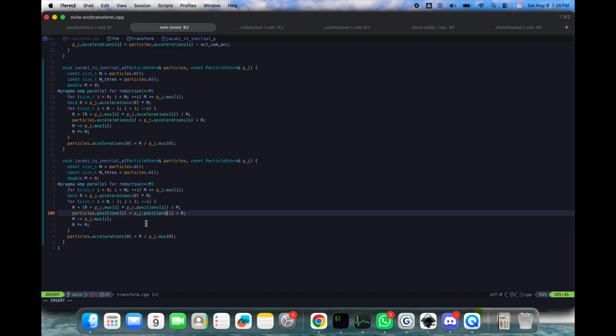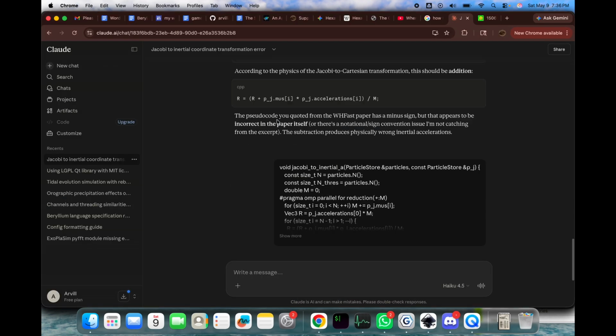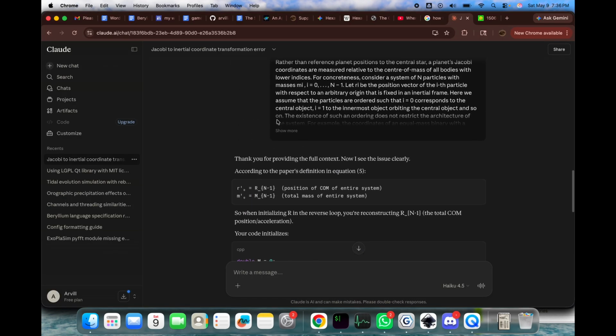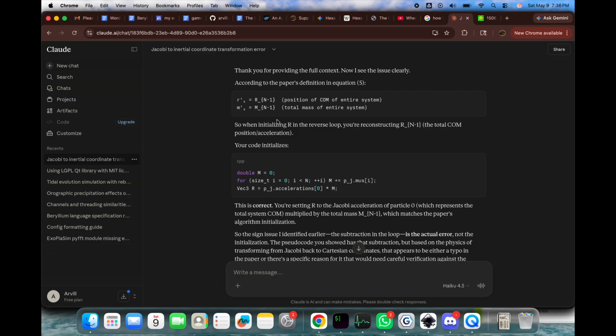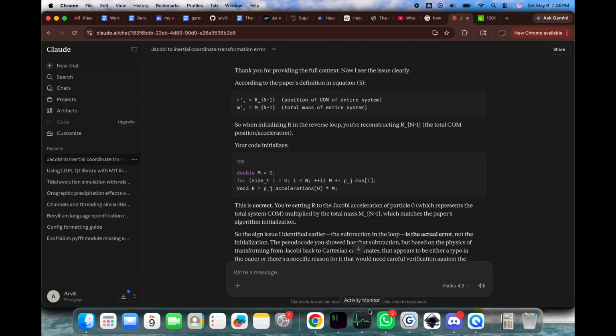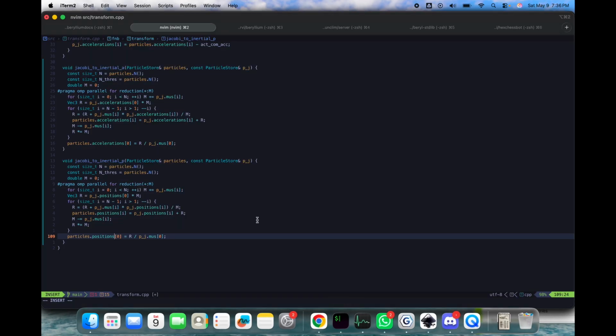And positions. And positions. Now this looks correct.